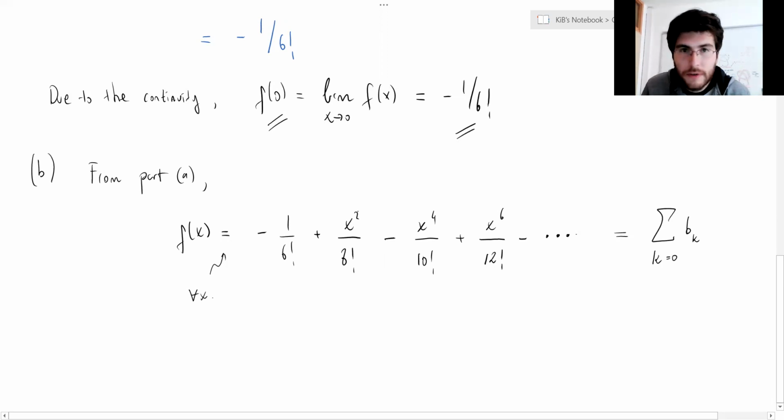If you look carefully, we have just the even powered terms, so x to the 2k, and we have some b_k. So we have a convergent series representation, i.e., f(x) has a convergent power series representation.